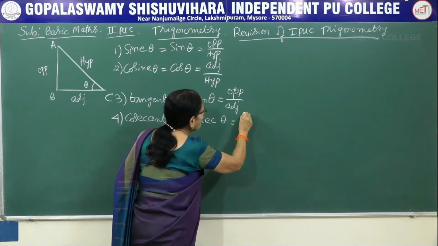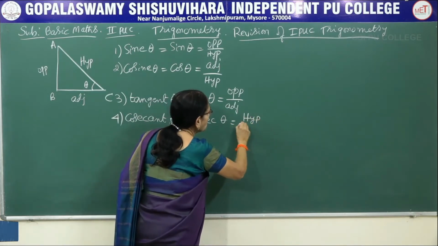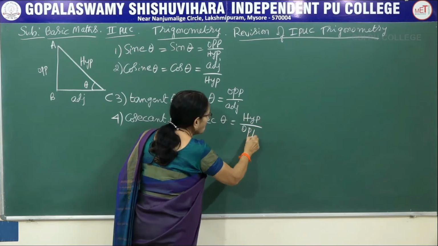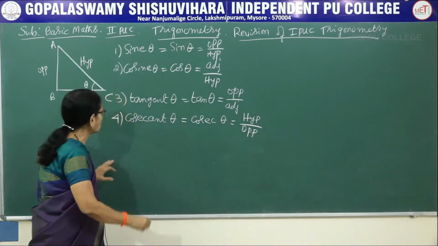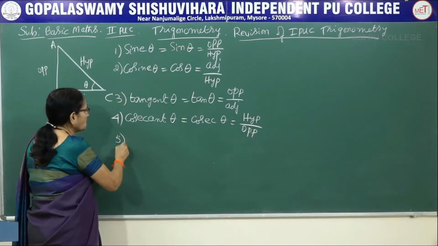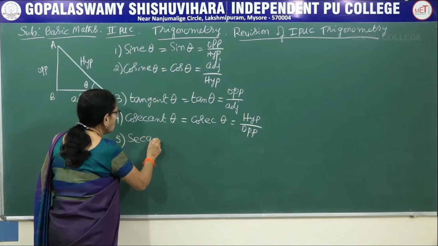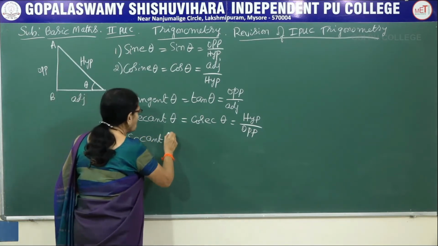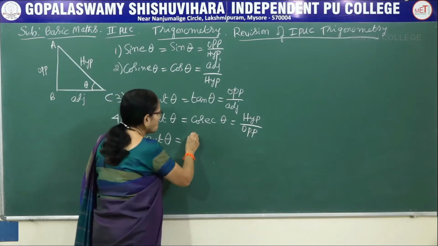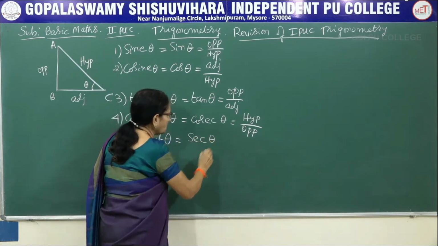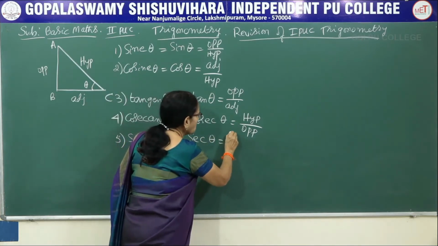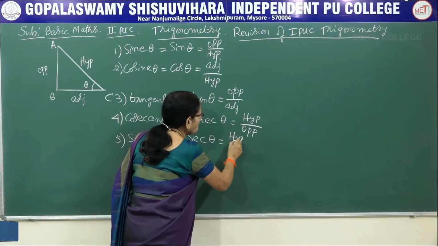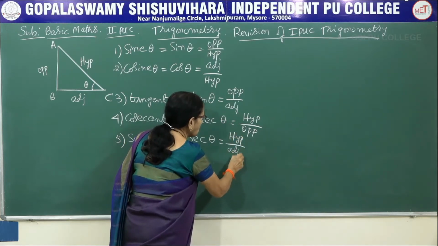Here it is hypotenuse over the opposite side. Next is secant theta. Take only the first 3 letters. Secant theta is hypotenuse over the adjacent side.